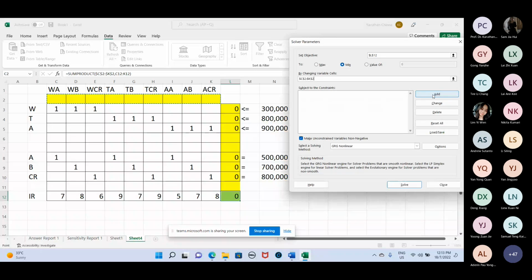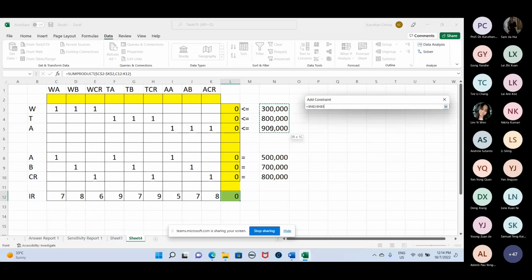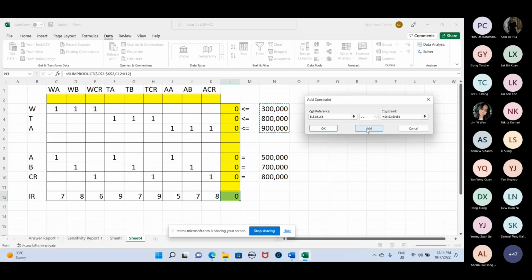And your constraints: the first 3 constraints are less than or equal to this value. Add second constraint. Now, why am I putting equal? He wants to buy all the properties, right? Yes or no? Click OK.